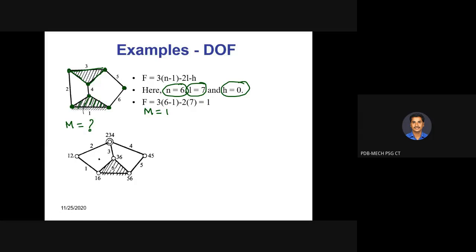So here the links are clearly mentioned and the pairs are clearly mentioned, so it is very easy to find out.